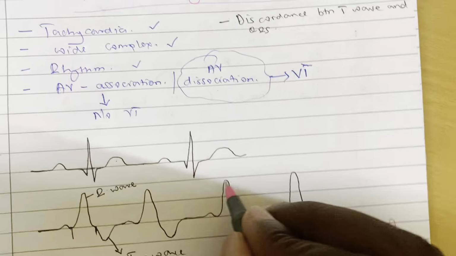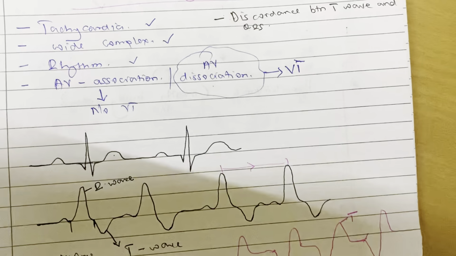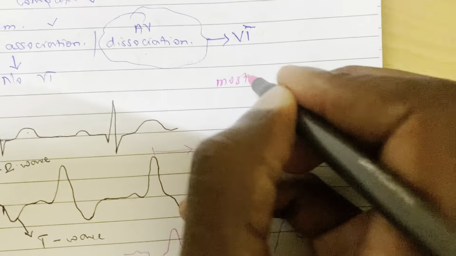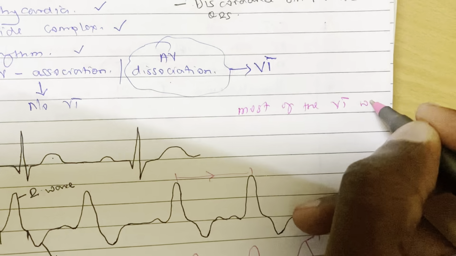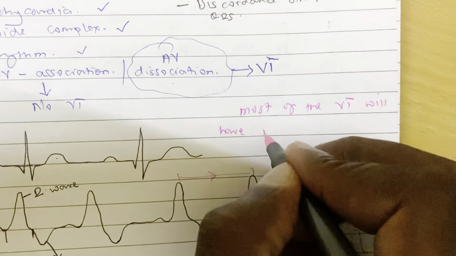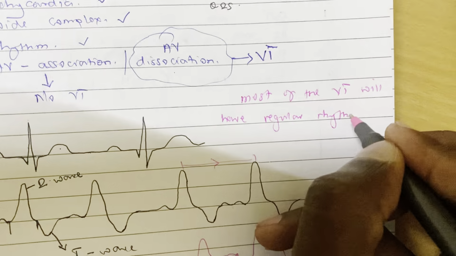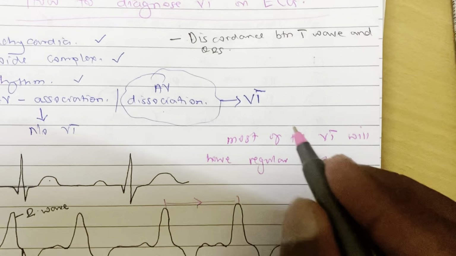If the rhythm is regular, most of the VTs will have regular rhythms. Most. So what is the remaining?